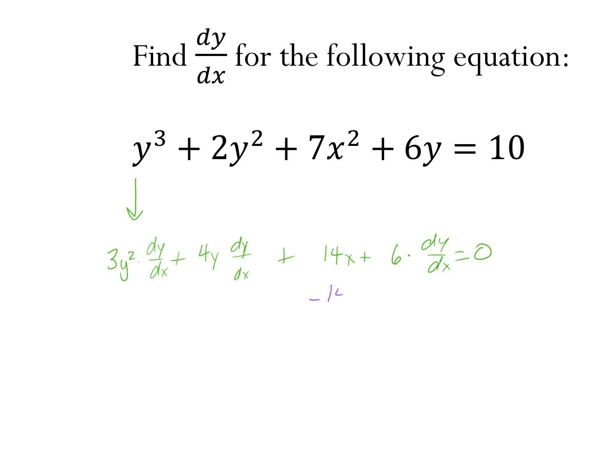I'm going to move the 14x over, and undistribute the dy dx of everything that's left.